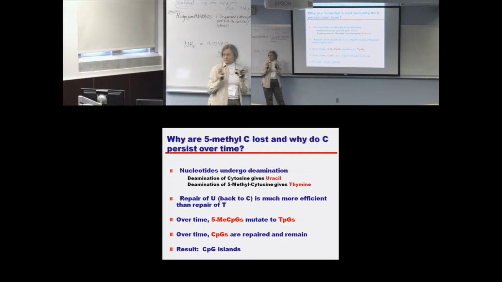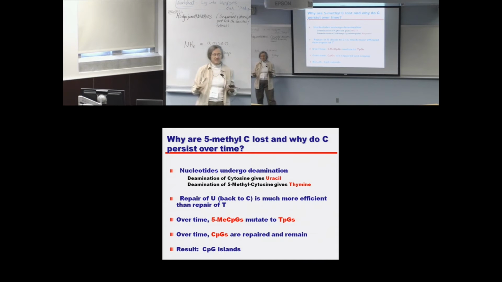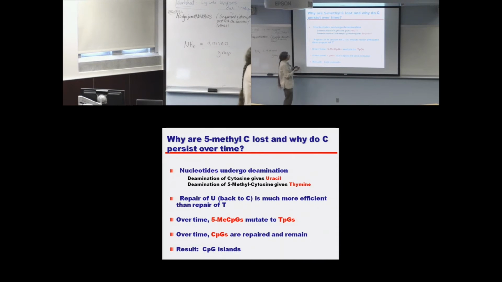Enzymes whose job it is to look for these kinds of errors see them and fix them. So whenever deamination gives rise to a U, it will get fixed back to a C. There's also repair of the thymine back to a C, but that's less efficient, because thymine just doesn't look as odd as uracil does to the enzymes in the cell that do this.